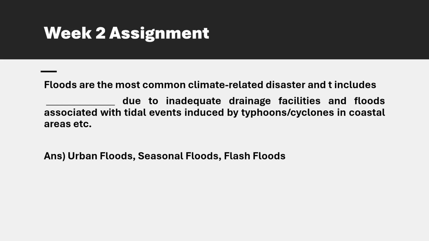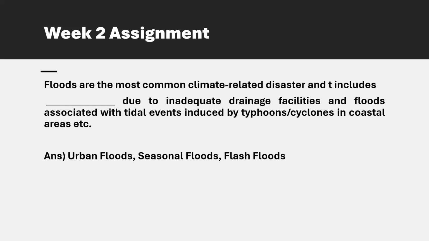If you remember, I had told this: because of inadequate drainage facilities, flooding can definitely happen, and it can be urban floods, seasonal floods, or flash floods. If you have a town or city area which does not have adequate drainage facilities, just imagine.